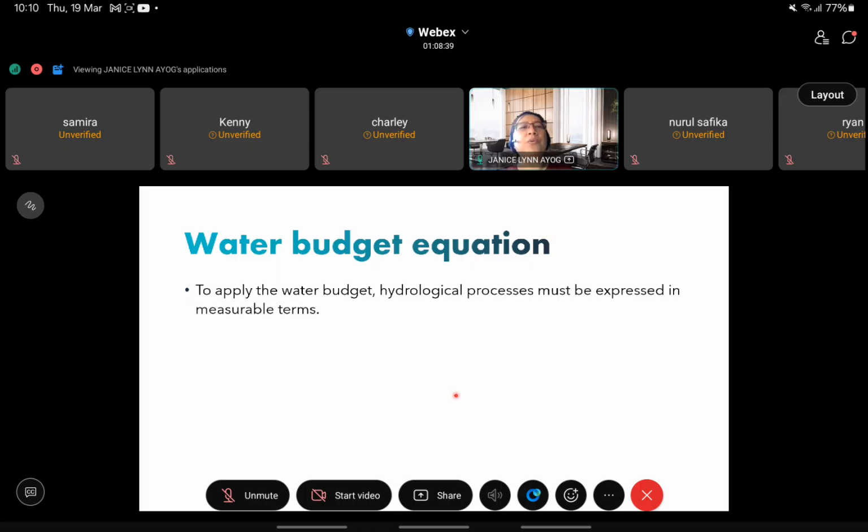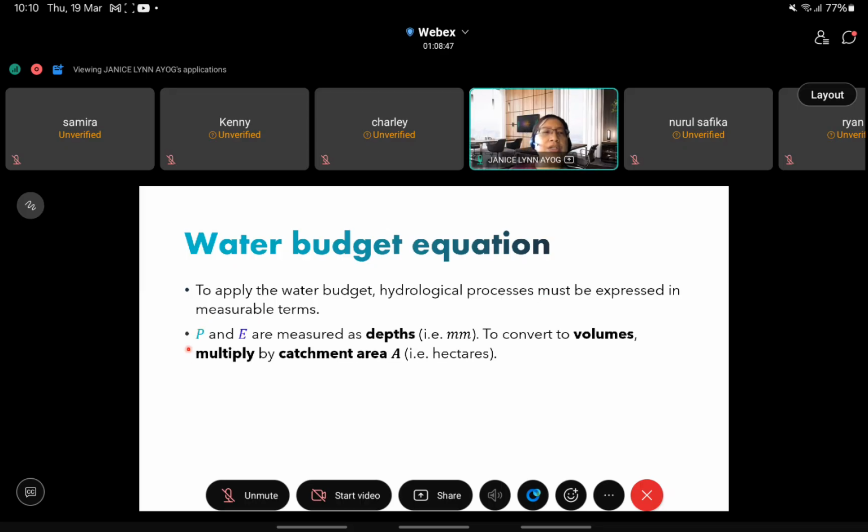Now, to apply the water budget equation, hydrological processes must be expressed in measurable terms. The precipitation and the evaporation are measured as depths, so it is in mm or cm. But when we first touched on the water budget equation, it deals with volumes.